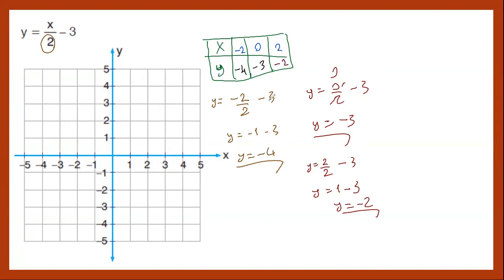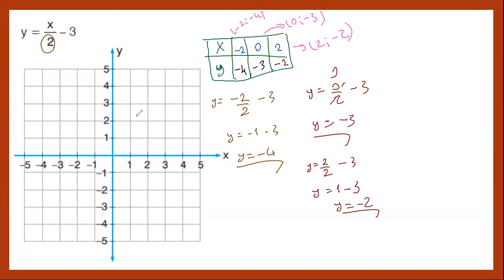-2. Okay, another step is writing the points. The first one, (-2, -4). Second one, (0, -3). Third one is going to be (2, -2). And the next step, we are going to place them on the coordinate system.